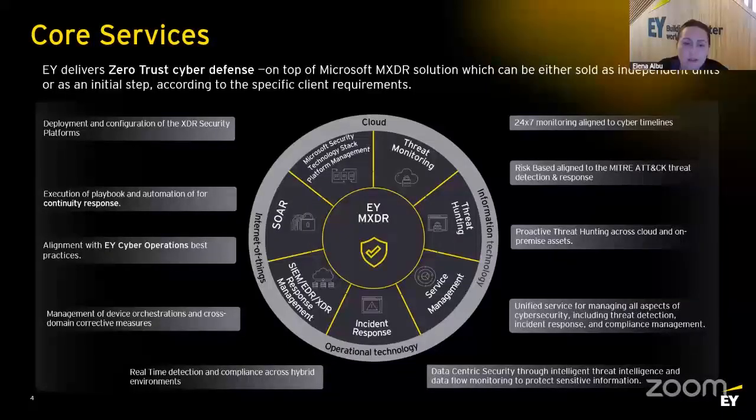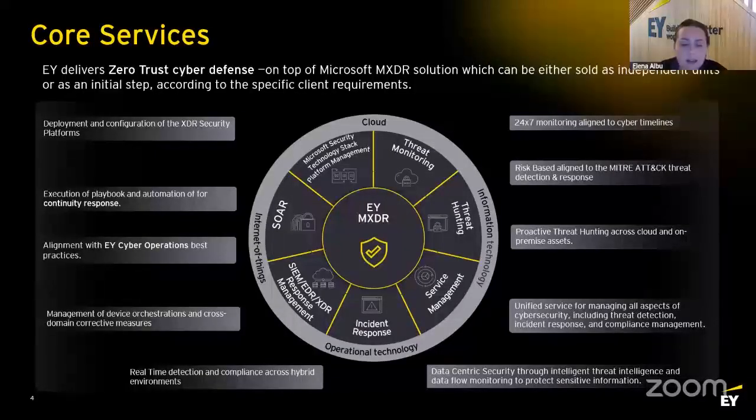On the right side, you can see the business outcomes that a company would have using such a solution: 24/7 threat monitoring, MITRE ATT&CK-based detection, proactive threat hunting across the cloud and on-premises, and a unified incident response that covers compliance and threat remediation. So this is the operational heart of an advanced cyber defense, bringing together Microsoft technology and EY cyber operational expertise.